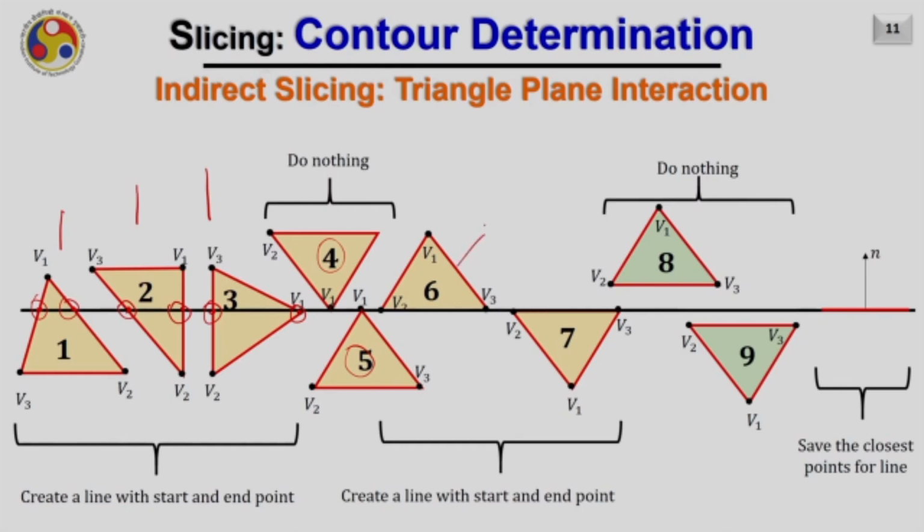For the case 6 and 7, in this case there will be no intersection points, you only have to create a line that will pass through the 2 vertices lying on the horizontal plane. Also, you need not do anything for the case 8 and 9, because either the triangles are above the horizontal plane or the triangles are below the horizontal plane and not participating in the slicing operation.